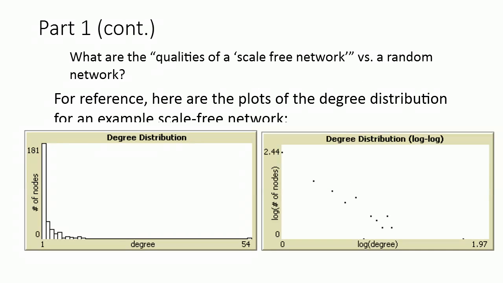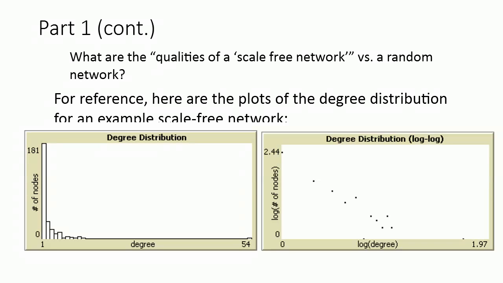All right, so the last little part of this is what are the qualities? What does scale-free network mean? And you see the plot on the left of the degree distribution. A degree is the number of connections a node has. There's one node on this particular network with 181 connections, and all of the others are scaled down to much fewer connections.